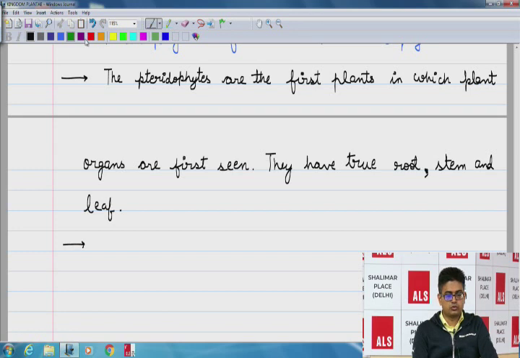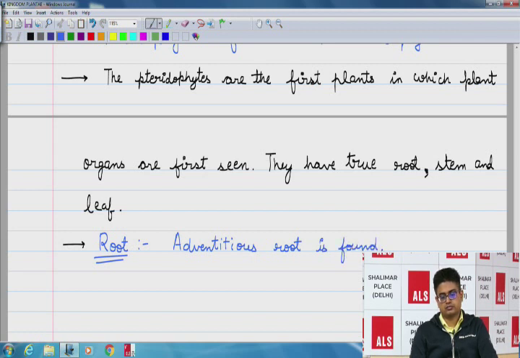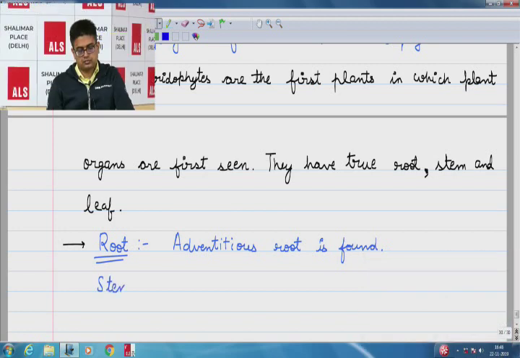Regarding root, how does root look? Normally we can see only adventitious roots are found. Stem runs parallel to the ground.